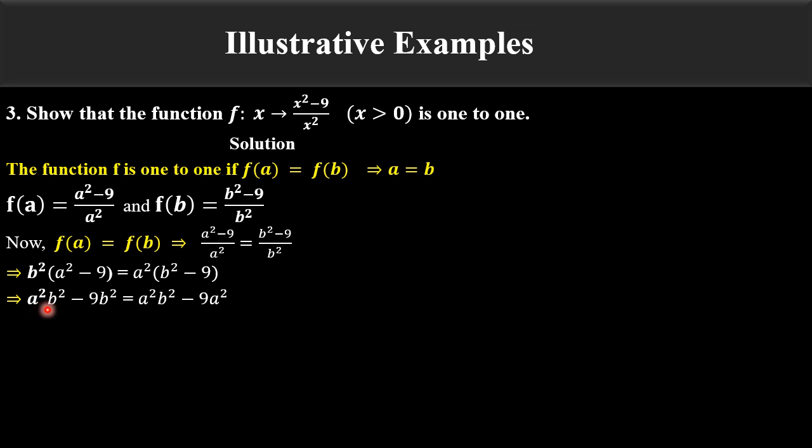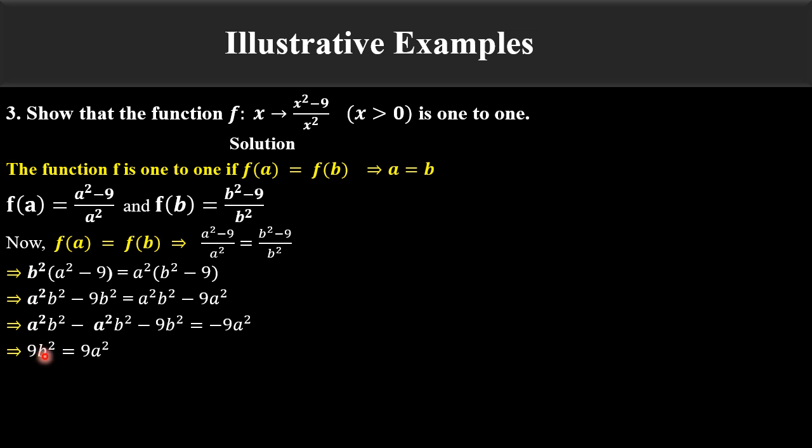And so we are left with this: a squared b squared minus 9b squared equals a squared b squared minus 9a squared. And obviously, as we can see, this is similar to that. So if we take one of these, that is a squared b squared, to the left hand side, it erases the other a squared b squared, giving us a 0 value. Now, we'll be left with minus 9b squared and minus 9a squared.